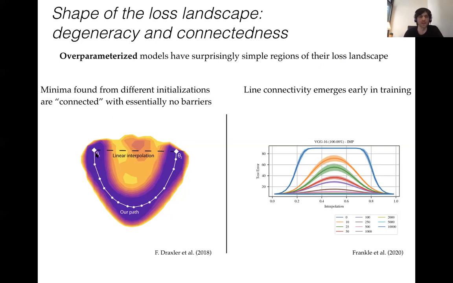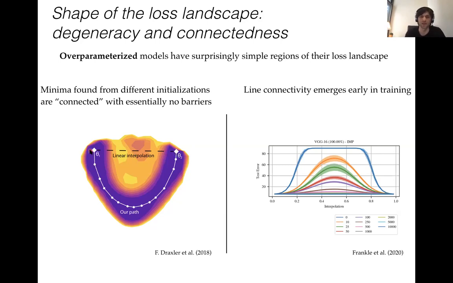So in particular, you could take a neural network on a problem, initialize it randomly, train it up with SGD, and you'll get some setting of the parameters schematically shown here by theta 1. Train up another neural network, same architecture, but re-initialize the parameters randomly, use different SGD batches when you train it, and you get another parameter setting here.